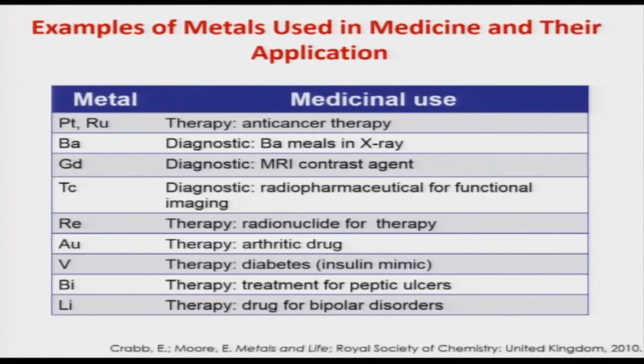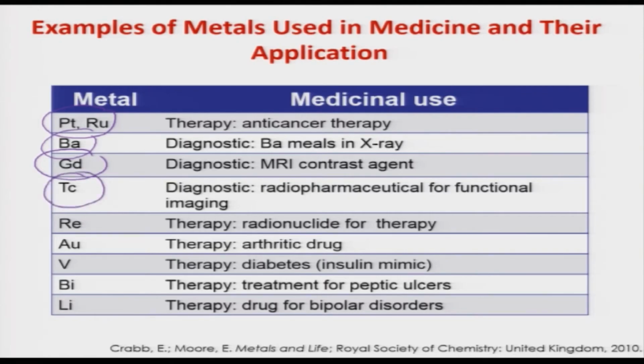I will show you here examples of metals that are used in medicines and their various applications. Platinum and ruthenium are used in therapy as anti-cancer drugs. Barium is used as a diagnostic in X-ray. Gadolinium is used as an MRI contrast agent.